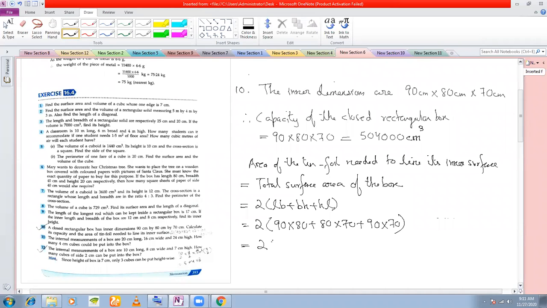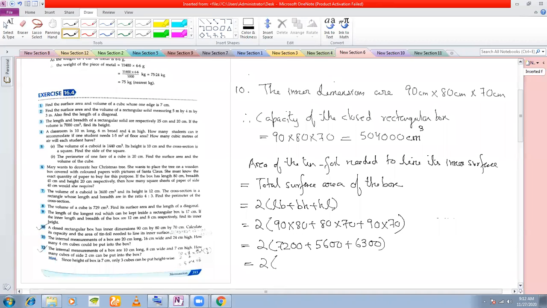Now you can calculate twice of 7200, 5600, 6300. So the total of this is 191.